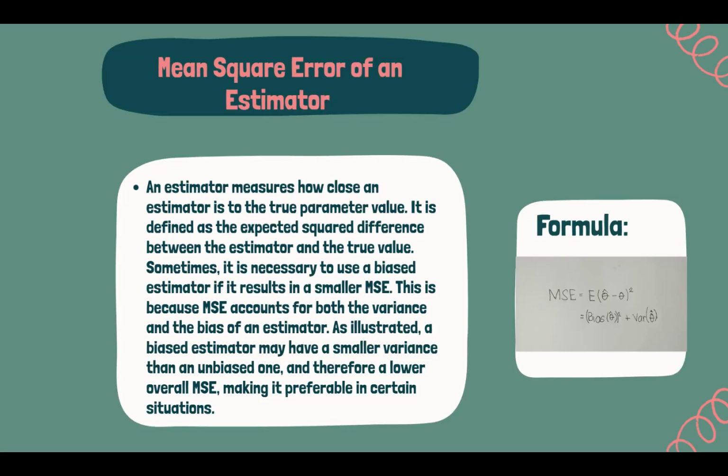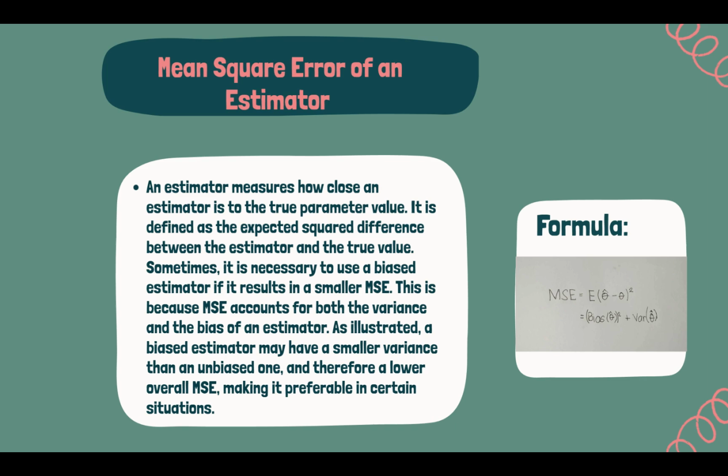So the last topic is the mean square error of an estimator. It measures how close an estimator is to the true parameter value. It is defined as the expected squared difference between the estimator and the true value. Sometimes it is necessary to use a biased estimator if it results in a smaller MSE, or mean squared error.